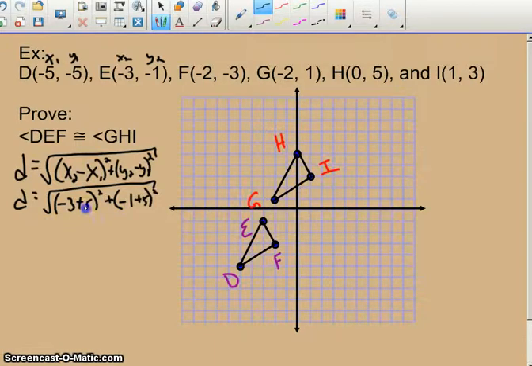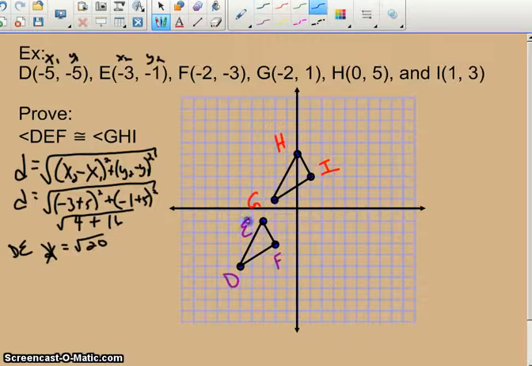So that's going to be 2 squared is 4, plus 4 squared would be 16. So it looks like DE is going to be the square root of 20. I'm just going to leave it like that. That's distance DE. I'm going to grab a different color here real quick, and I'm going to mark this as square root of 20.